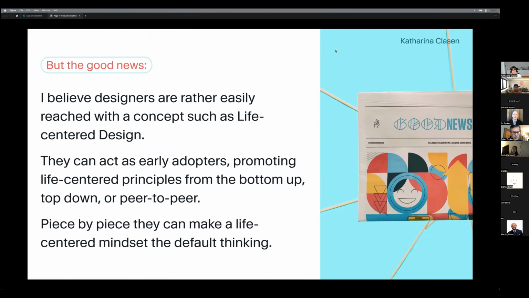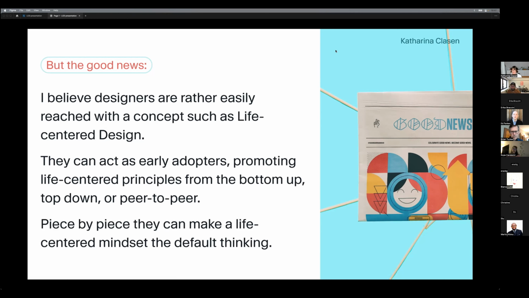And now if you look up life-centered design today, you find a lot of people writing about it, doing amazing work. I mean, look at Jeroen, what he's doing. It's awesome, and there's so much happening, and that goes to show how easily designers are reached. I mean, it has only been 4 years, and so much happened since then.